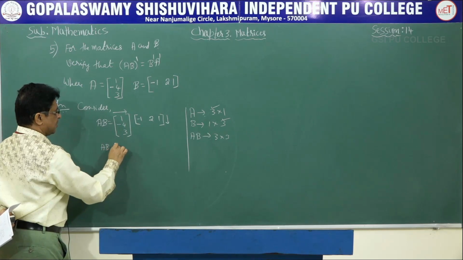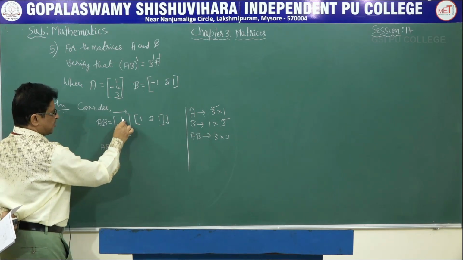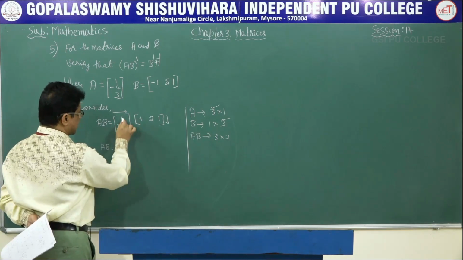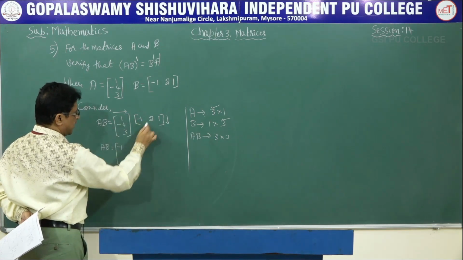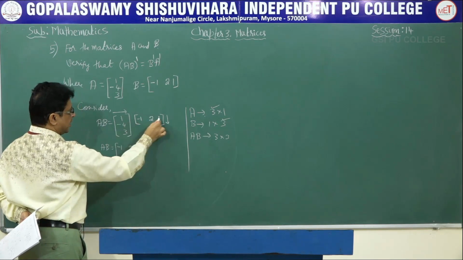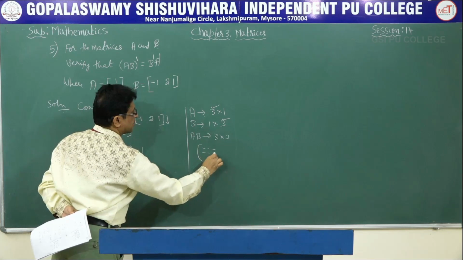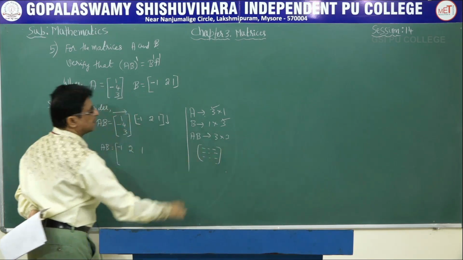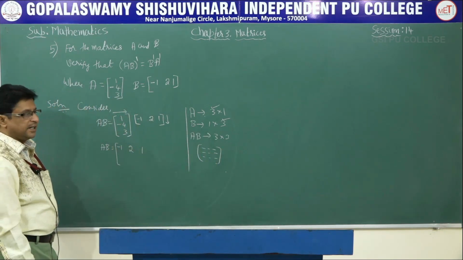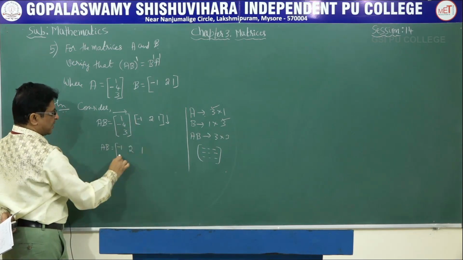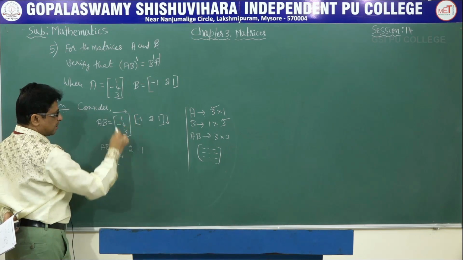So AB is equal to first row into first column, 1 into -1. Next, first row into second column, 1 into 2, 1 into 1. Next, -4 into -1, that is second row into first column.